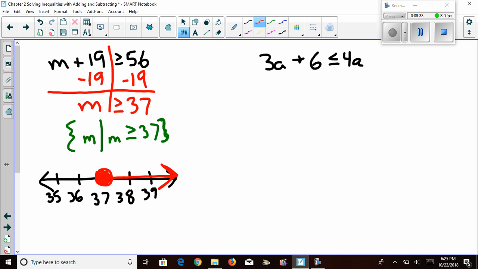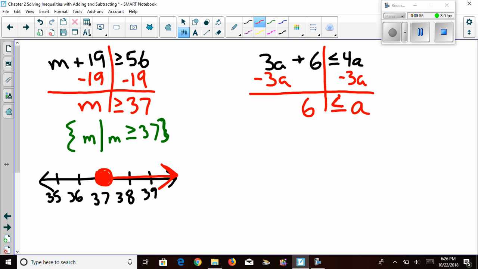That's this 3a. The 3a is positive, so I'm going to go ahead and subtract 3a on both sides. I bring down my 6, my less than or equal to, then I'm left with 1a.